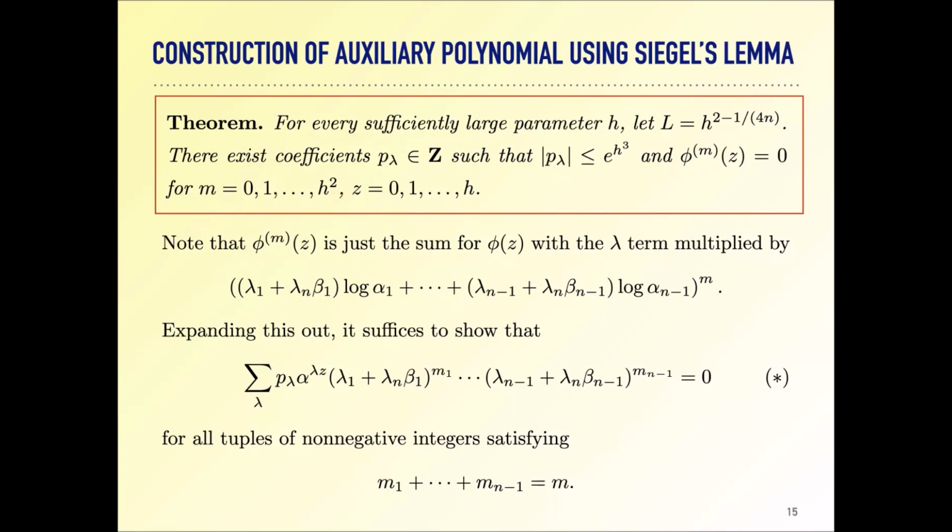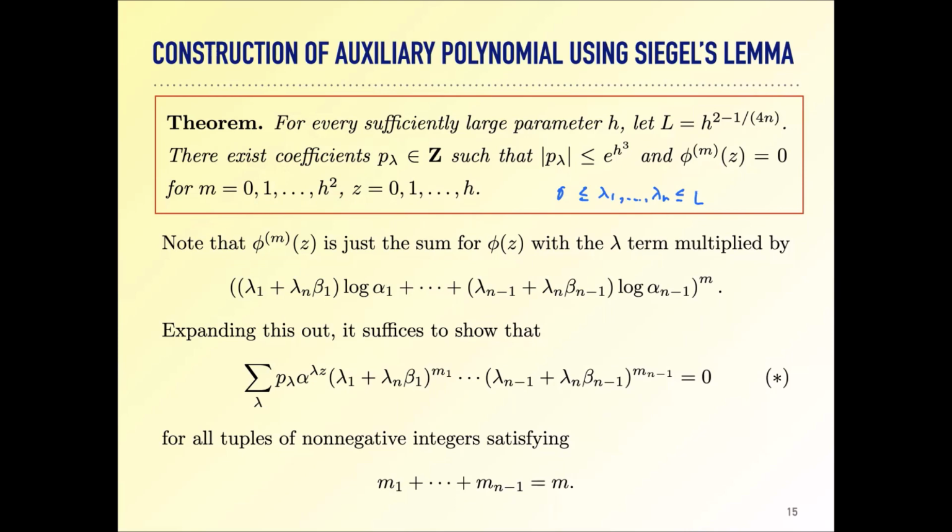Samit, could you just remind us, so L doesn't appear again in this theorem, but relates to the number of zeros, or? Yes, it's indexing the lambda. So lambda 1 through lambda n are between 0 and L, and this is the tuple.